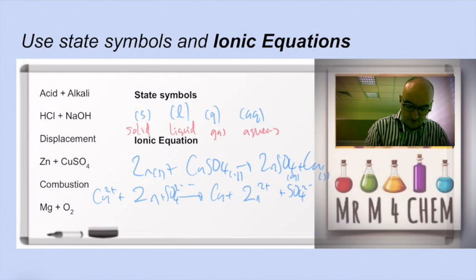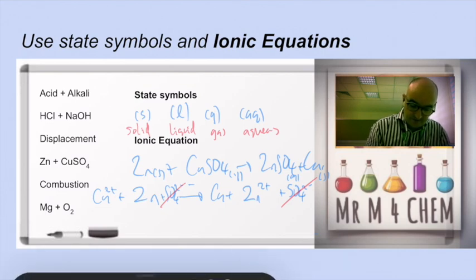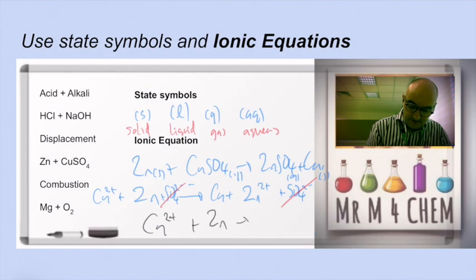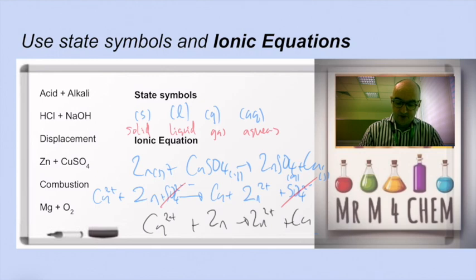So what can we cancel out? Sulfate left, sulfate right. Everything else changes. So the overall reaction is going to be copper 2 plus zinc goes to zinc 2 plus copper. So we've got the state symbols, solid, aqueous, solid, and we've got the net ionic equation.